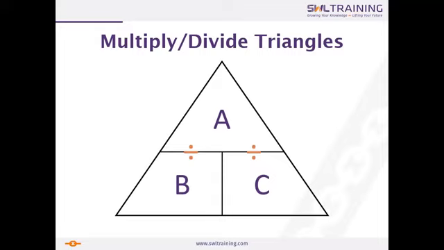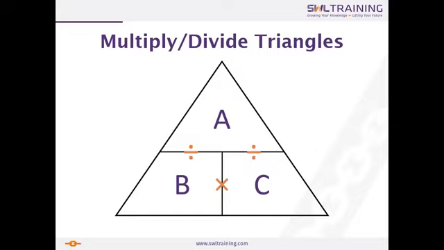If you have B and C and you want to find A, you would multiply those together. So for example, A divided by B equals C, A divided by C equals B, or B multiplied by C equals A.